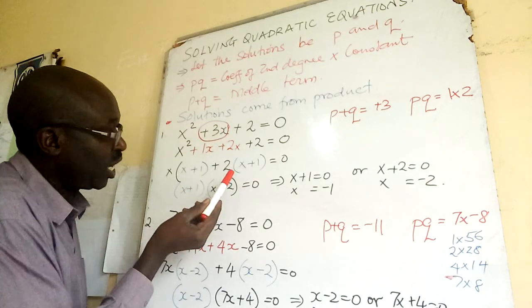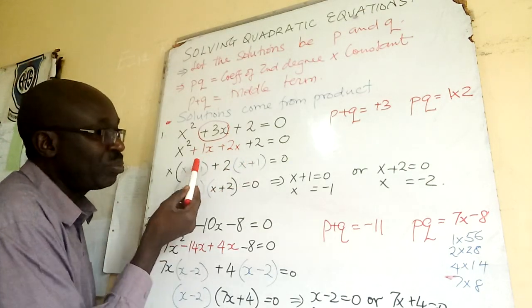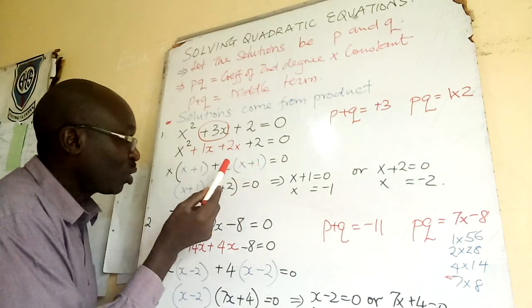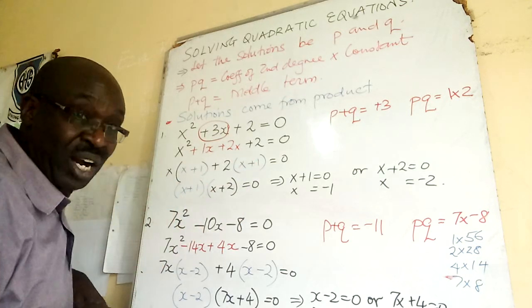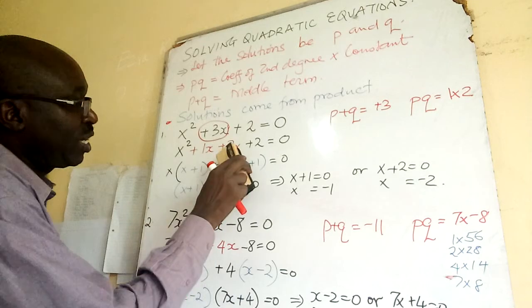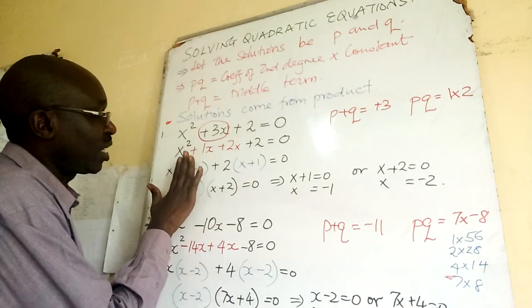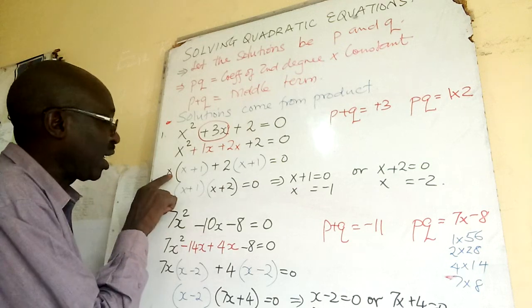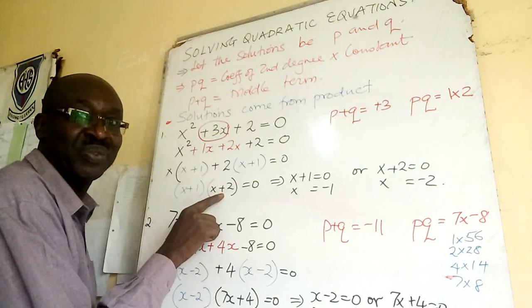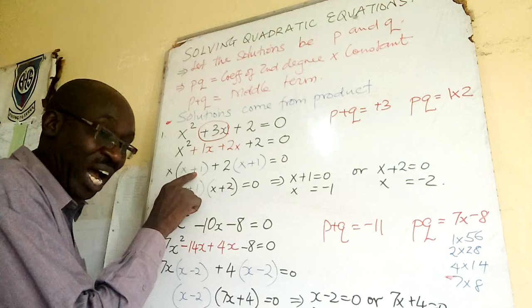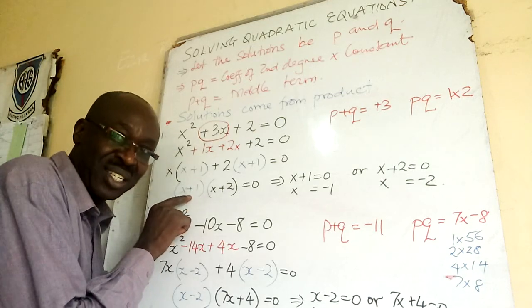Now I want you to check. These and these are the same. So if you covered this and you covered that, what will remain? What remains? x plus 2. So since these and these are common, I write them also once.